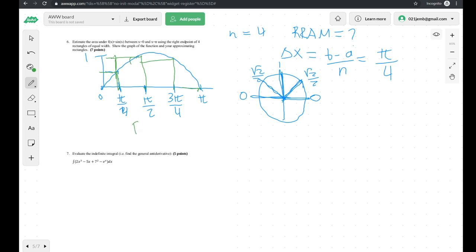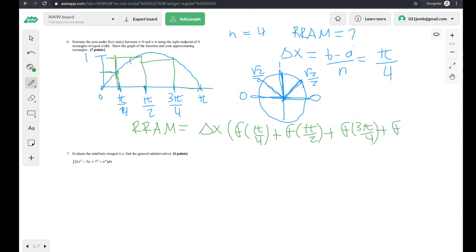So our RAM is just going to be delta x, a change in x, multiplied by each of the values of the right endpoints. So we have f of pi over 4 plus f of pi over 2 plus f of 3 pi over 4, and then plus f of pi, which is kind of irrelevant since we know it's going to be 0 over here.